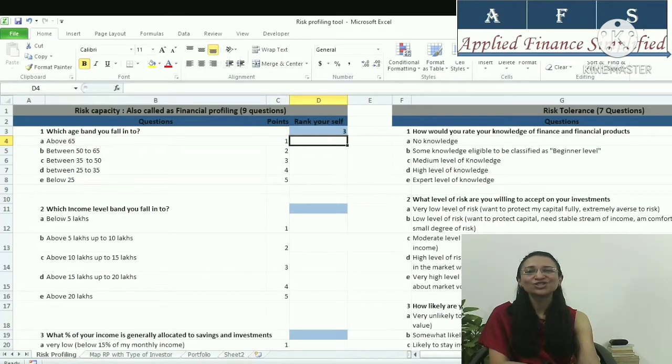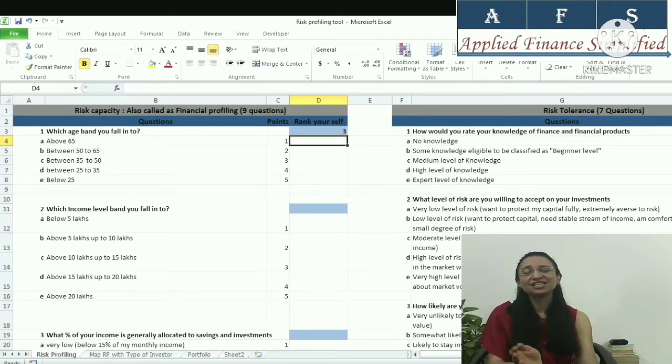His net worth is 40 lakhs and his investment horizon is 3 to 5 years. He wants an investment that generates quarterly interest. Further, he does not have much knowledge about financial products and financial markets. So, let us go through the questionnaire.